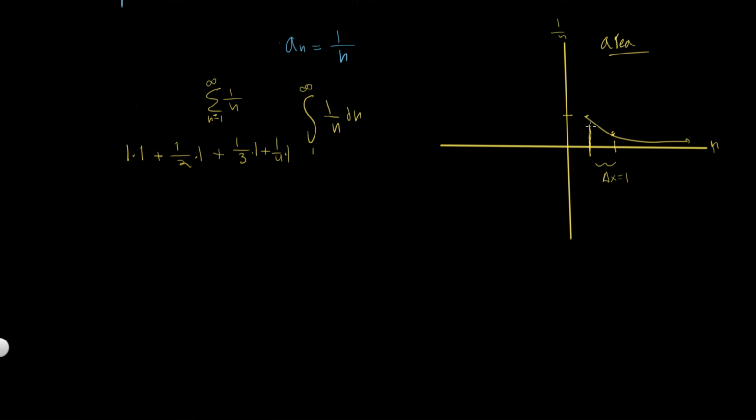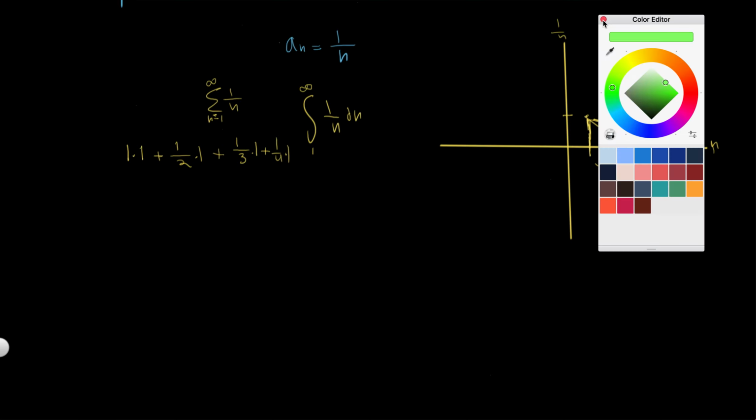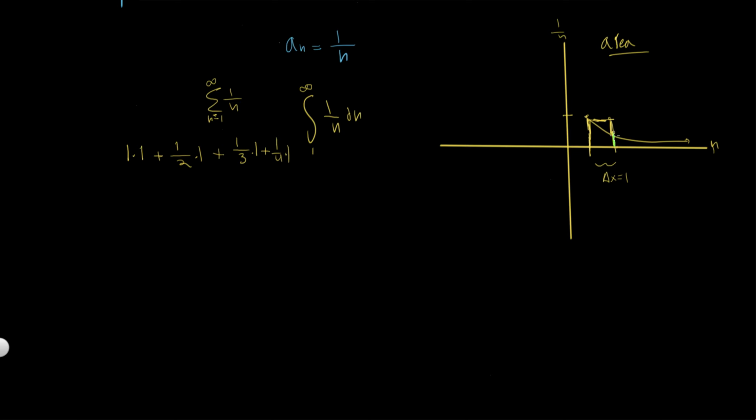So if we draw a rectangle like this, it would look something like that, with the delta x 1. The second one would be the function value at 2, which is 1 half, and then so let me do that in a different color. And then again, our delta x is 1, so the rectangle would look something like that.